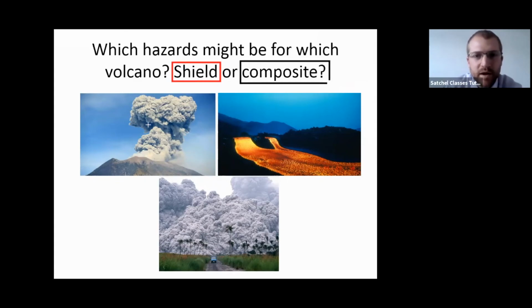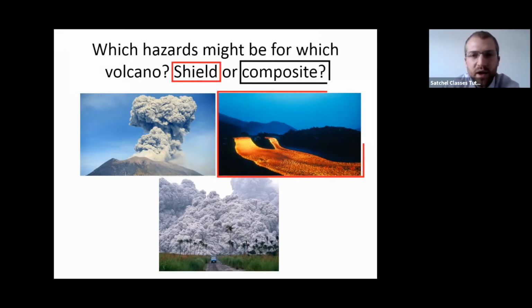Okay, so look at those three pictures. What do we assume is going to be the key hazard from both of those? So to begin with, we'll start with shield. So shield, we know we're going to have runny, free-flowing magma. So it's got to be this picture here.